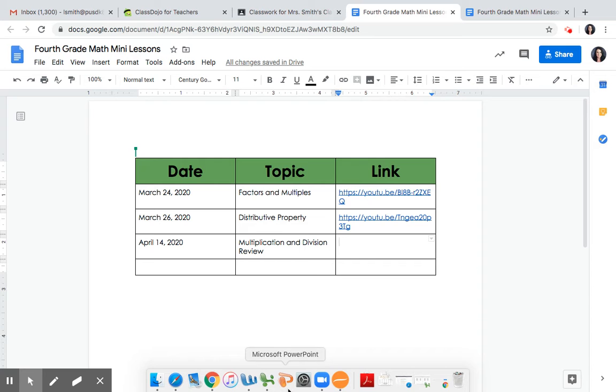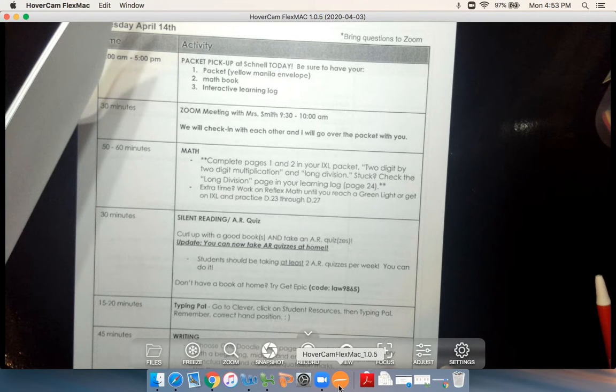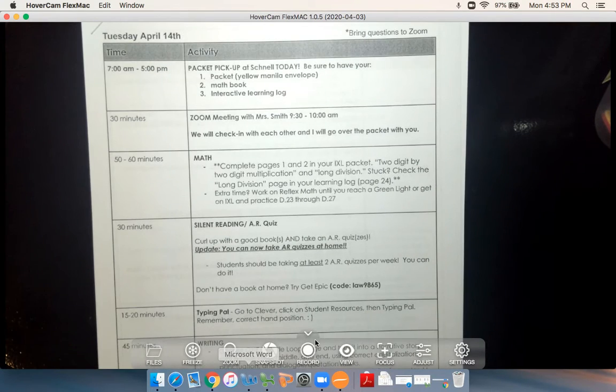So in your schedule packet, you should see that I have called this one 2-digit by 2-digit multiplication and long division. So I will retitle what I just put in the Google Doc so that it matches this, so that you know that you can go to it and find those videos. As you go through the packet, you'll see I specifically noted that in certain places, but I didn't for this one. So I'm glad that you're catching this now.